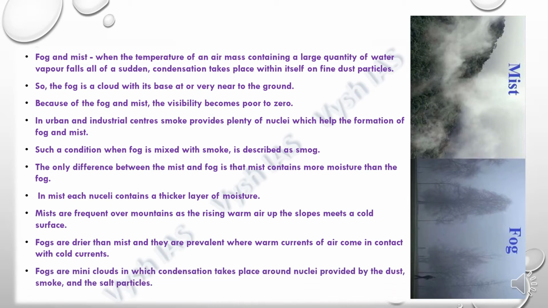As I said, fogs are like mini clouds in which condensation takes place around nuclei provided by dust, smoke and salt particles. These dust, smoke and salt particles carry the water droplets in the air. That is how they form.